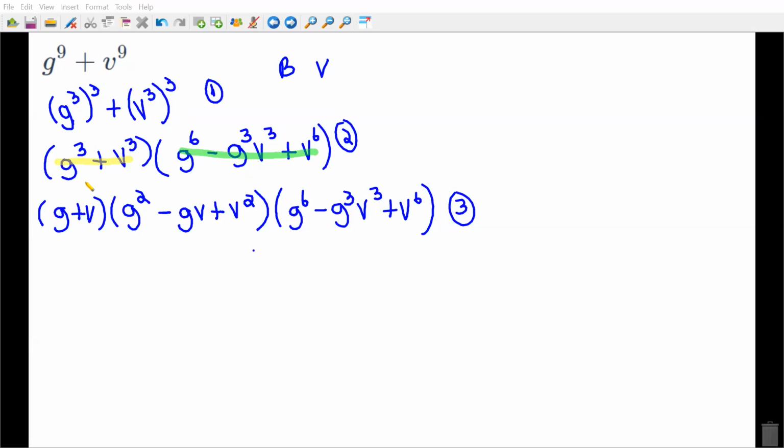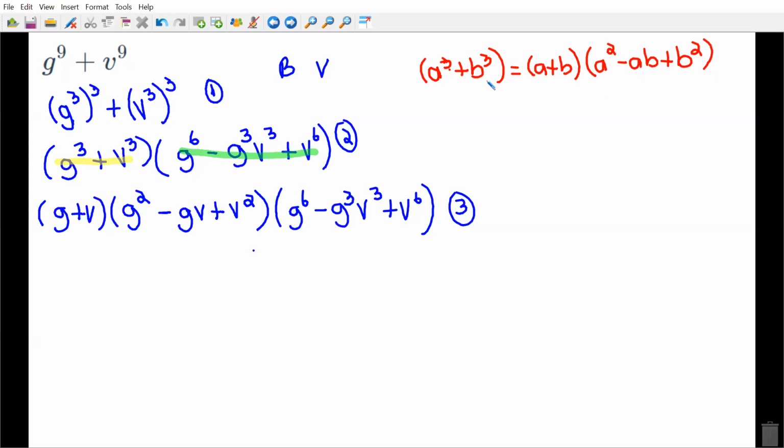So you're going to be using the formula one time, and remember that the formula said it was A to the third plus B to the third. The formula was going to be A plus B times A squared minus AB plus B squared. Remember?